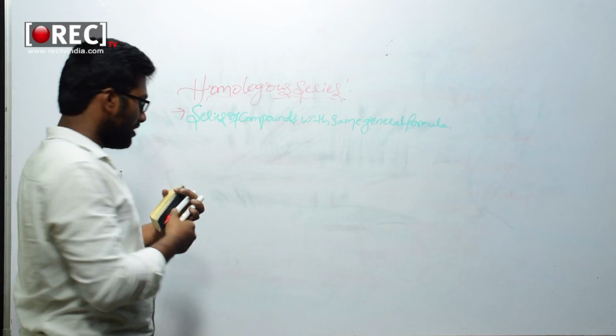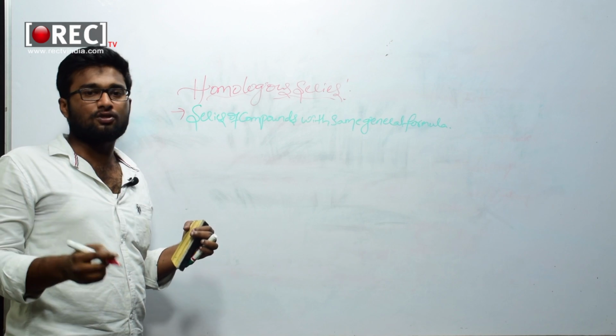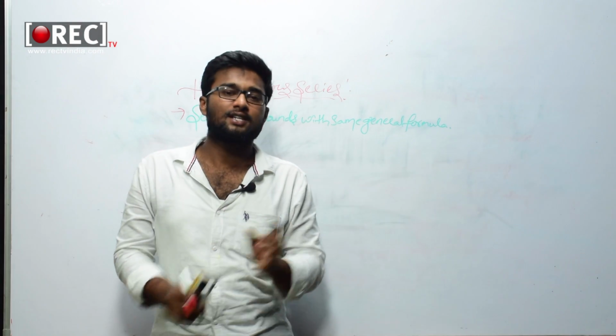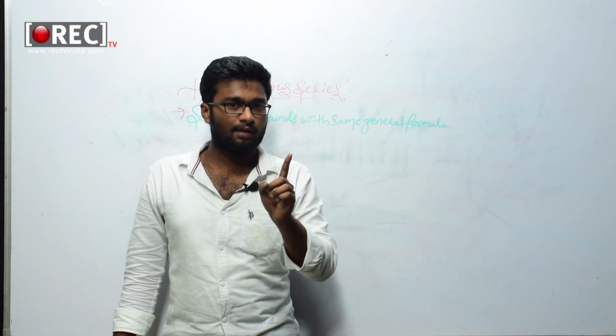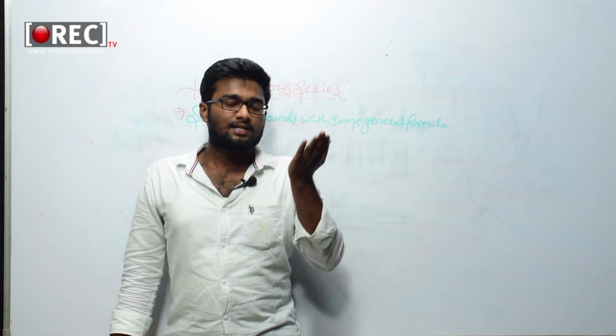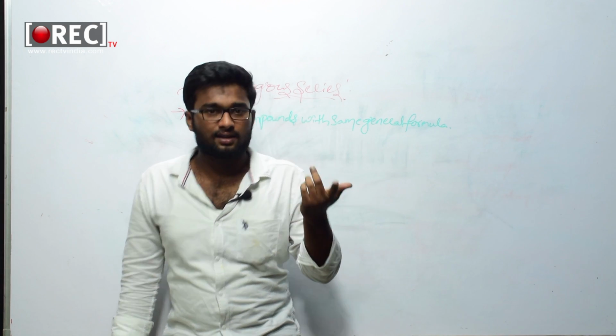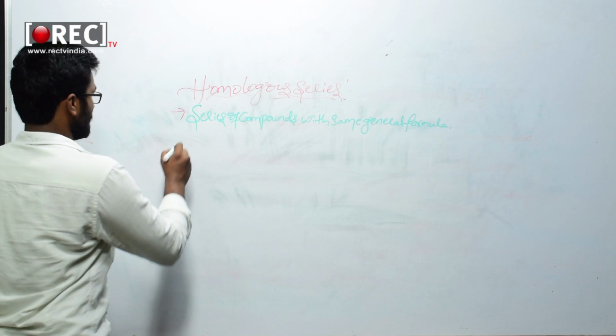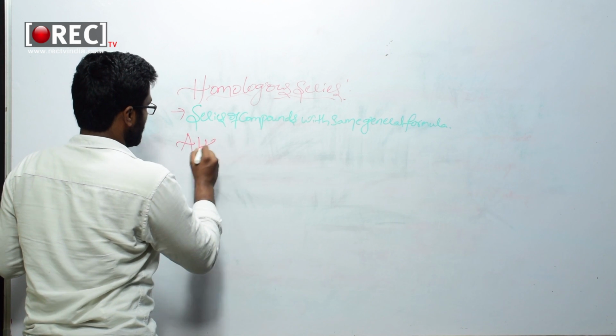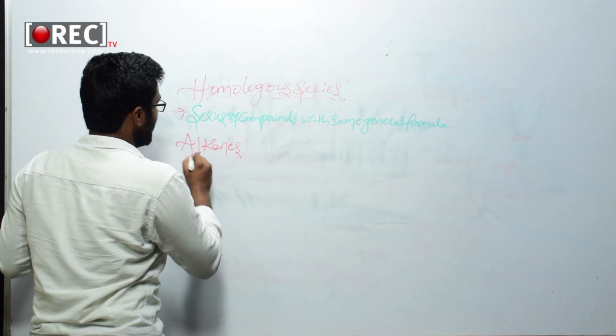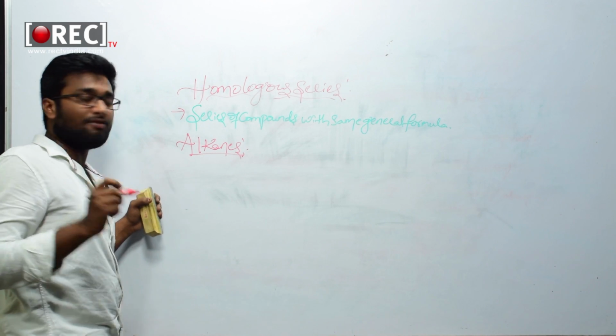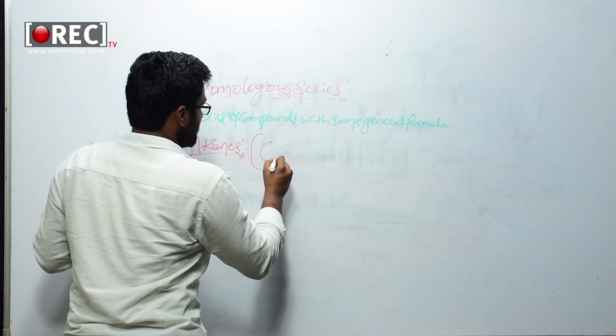Let me take an example of saturated compounds. As we know, saturated compounds means carbon is linked via single bonds, which is sp3 hybridized. Saturated compounds are alkanes. The general formula of alkane is CnH2n.